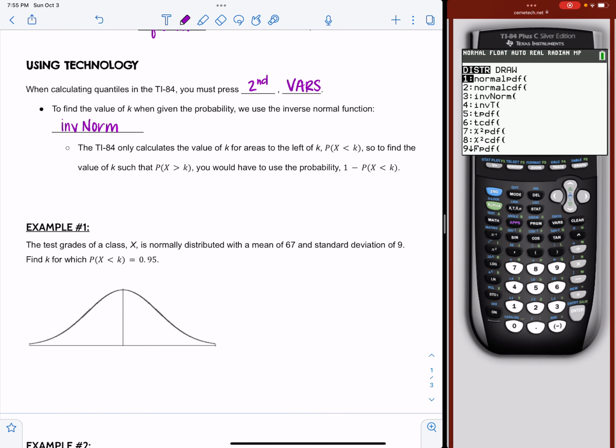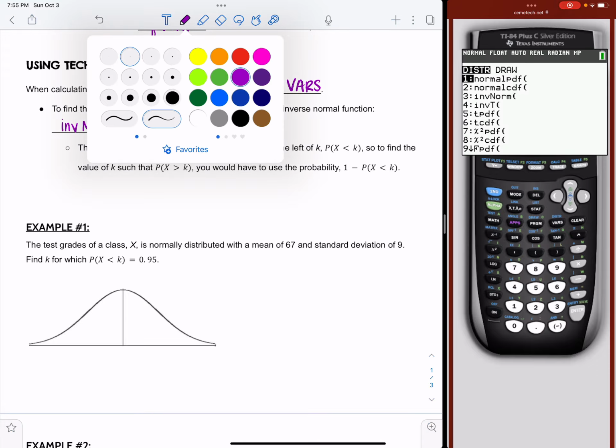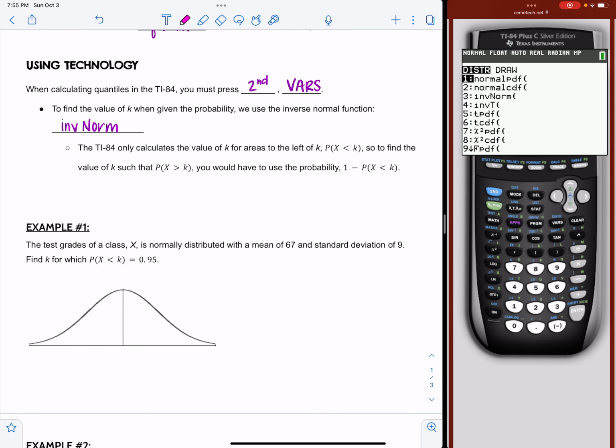The test grades of a class X is normally distributed with a mean of 67 and a standard deviation of 9. Find K for which the probability of X is less than K is 95% or 0.95. If I'm trying to find the value for which X is less than K and is 0.95, remember the area under your curve is equal to 1.